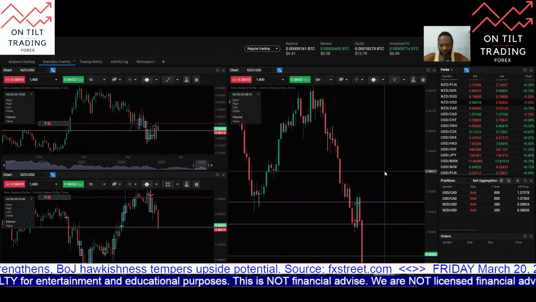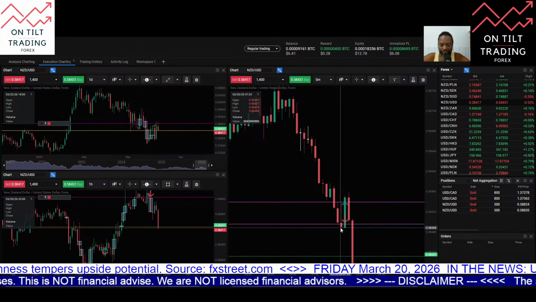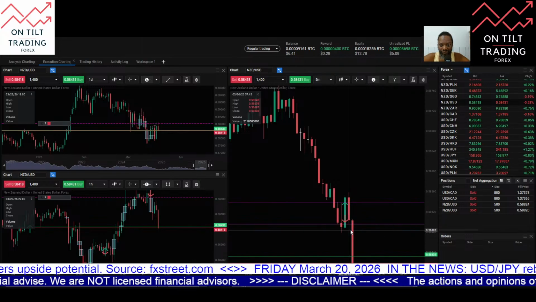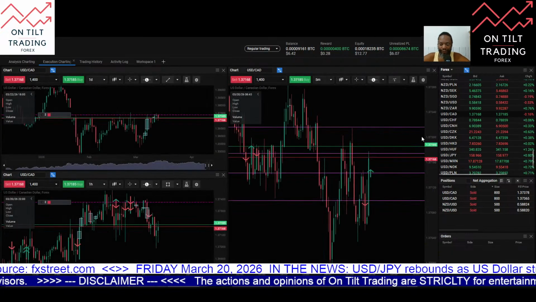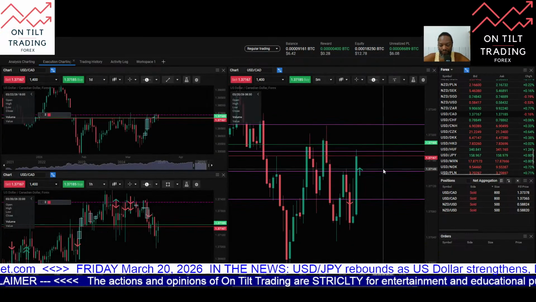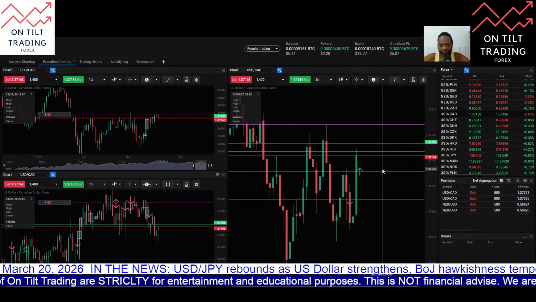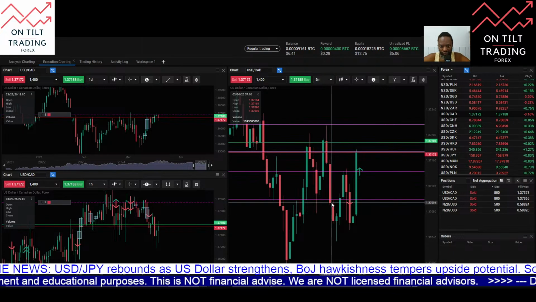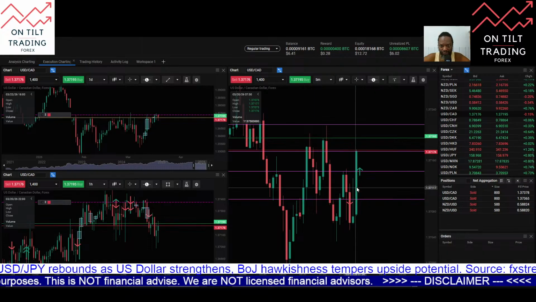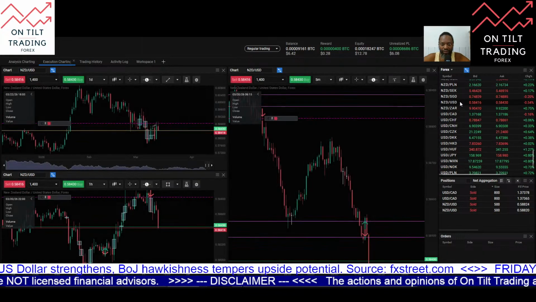Drop to the 5. See, we're putting in a 5-minute market structure shift here. Head over to dollar CAD. No shift here. So I'm gonna head back to Kiwi dollar.